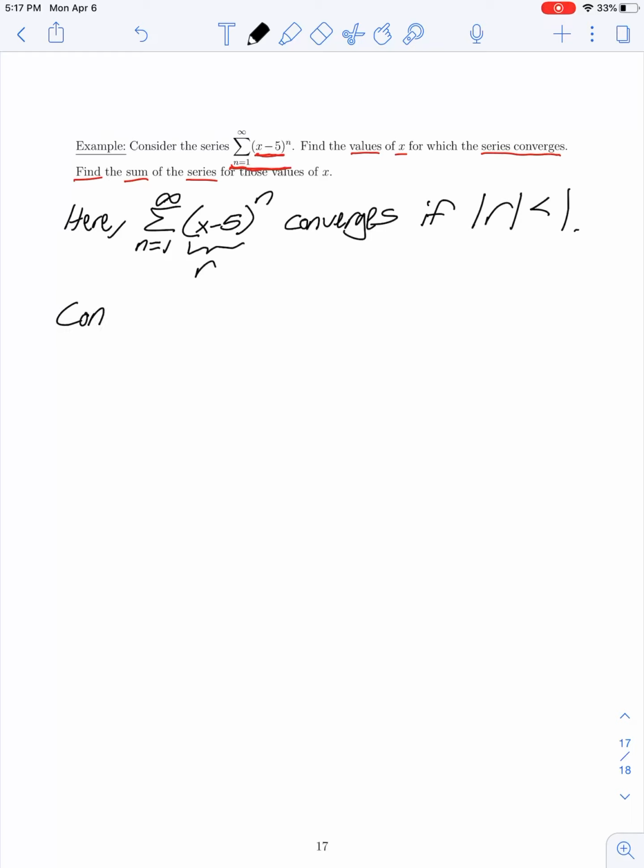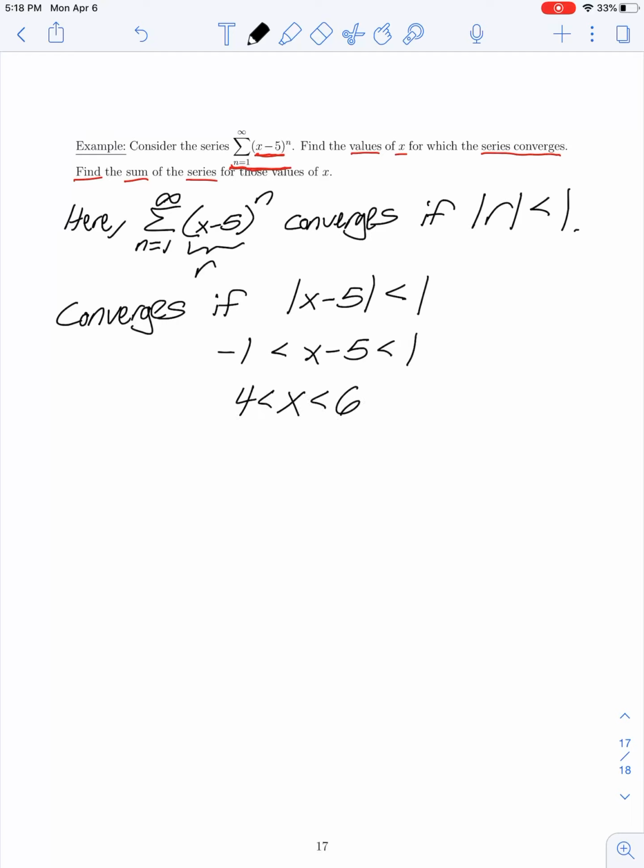So we can say that our series converges if the absolute value of x minus 5 is less than 1, which means that the quantity inside the absolute value, x minus 5, is less than positive 1, but greater than negative 1. So to solve for x, we could add 5 through our inequality, and we have 4 is less than x, which is less than 6.